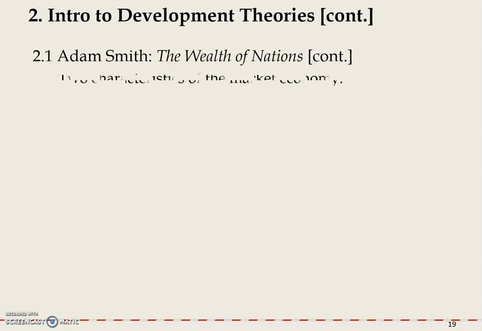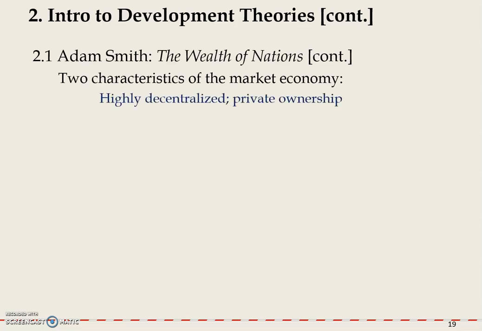Okay, and the first thing is there are two characteristics of the market economy Adam Smith mentioned in his book. Okay, they are highly decentralized and the private ownership of property.